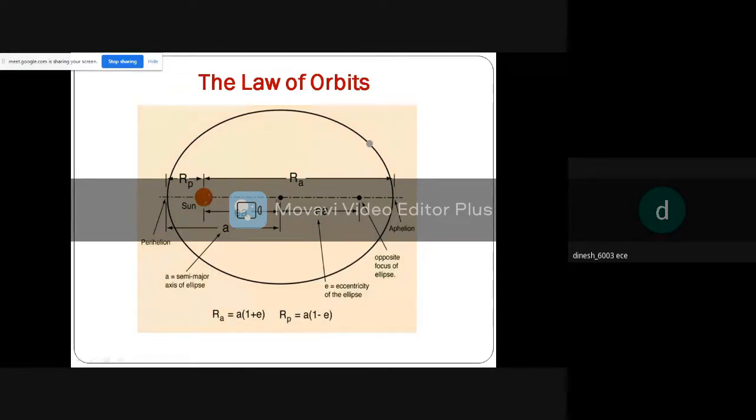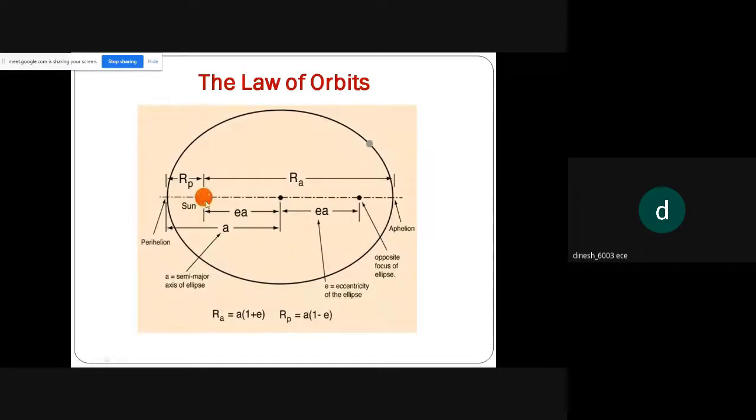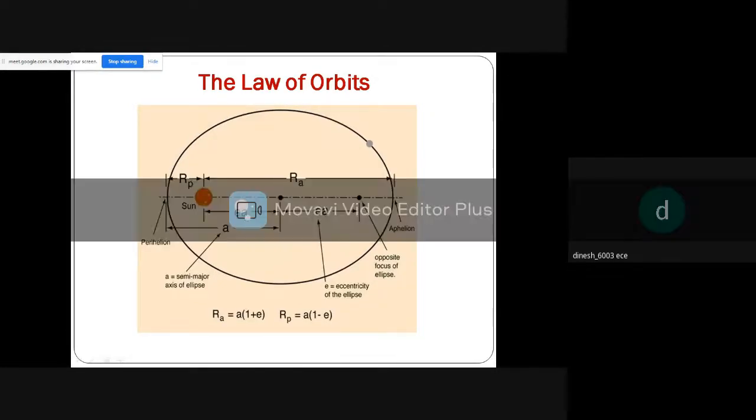From the center to the point of the sun is taken as EA. E is your eccentricity of the ellipse.